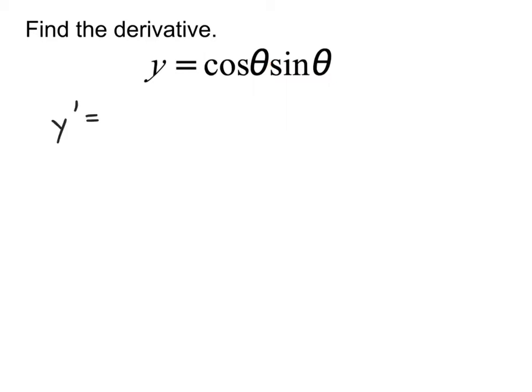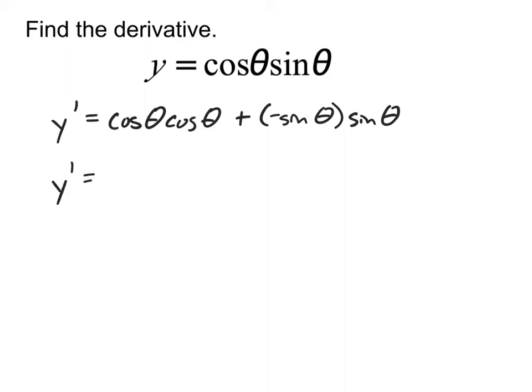All right, so we're going to have to do original times derivative, so the original cosine of theta times the derivative of sine, which is cosine of theta, plus derivative times original. So the derivative of cosine is negative sine, and then that's going to be times sine theta. And then we just need to clean that up a little bit here.